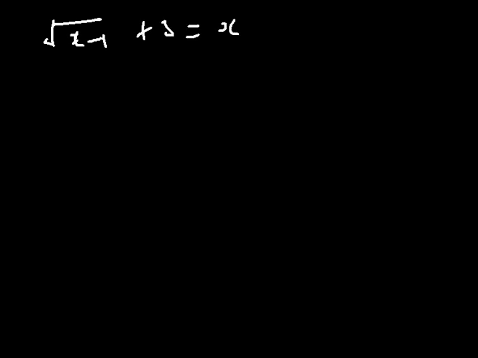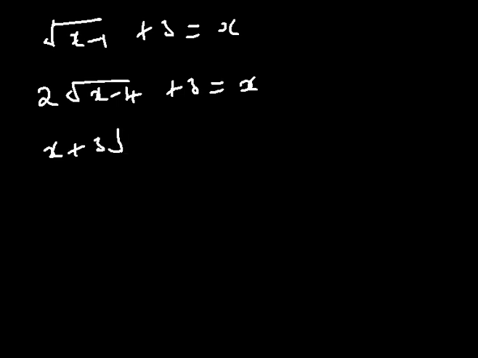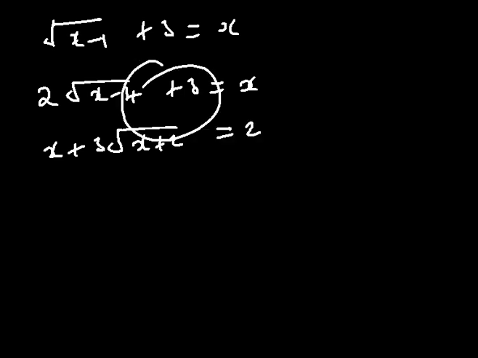How can you solve this? And also try 2 times the square root of x minus 4, plus 3, which is equal to x. How can you solve that? And also try this: x plus 3, x plus 2, and is equal to. Now try to solve for those equations.